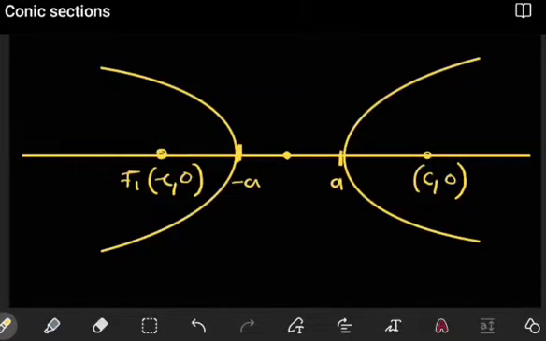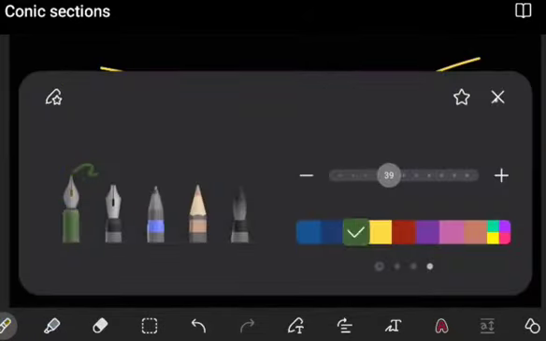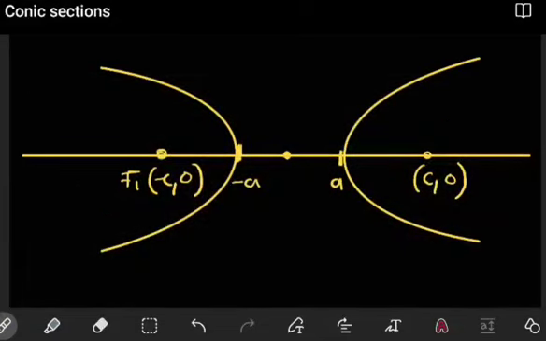Now the definition of a hyperbola. For a hyperbola, we're saying it's a set of all points in a plane such that the distance from that point to the first fixed point, the first focus, minus the distance from the same point to the second focus, will have to be a constant.